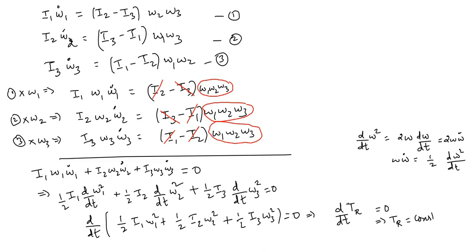Now what is this rotational kinetic energy? The rotational kinetic energy is half I1 omega 1 square plus half I2 omega 2 square plus half I3 omega 3 square, that is equal to constant.